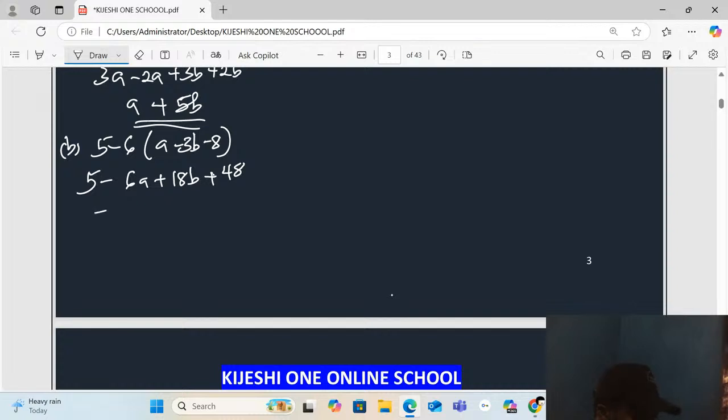Now we can collect like terms together. Negative 6a plus 18b plus 48. So 5 will move to this side, then we shall add 48 plus 5.